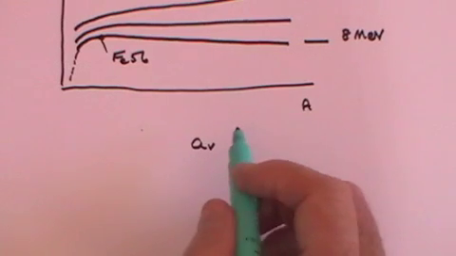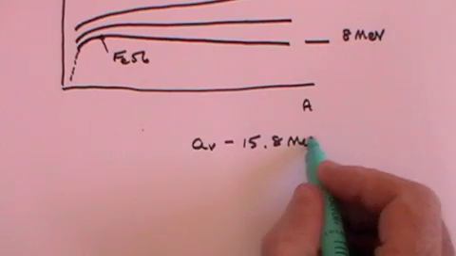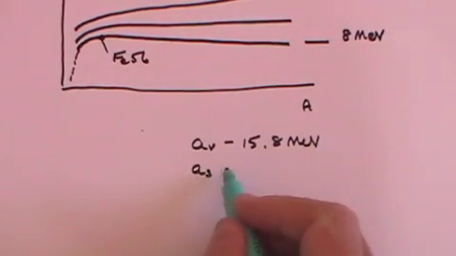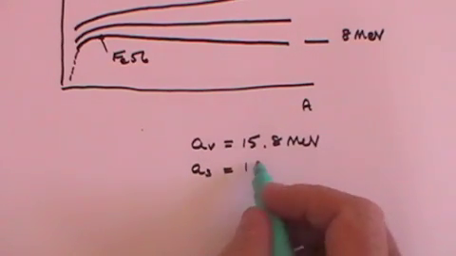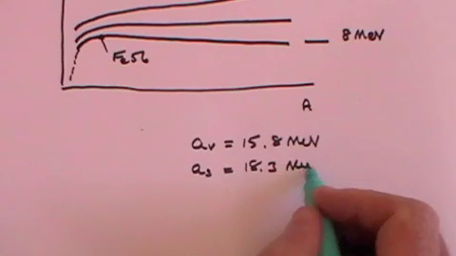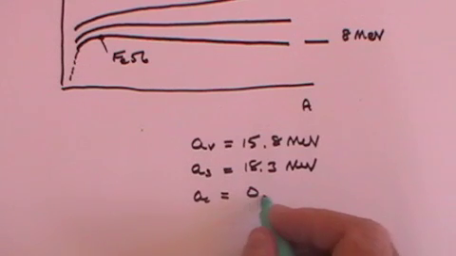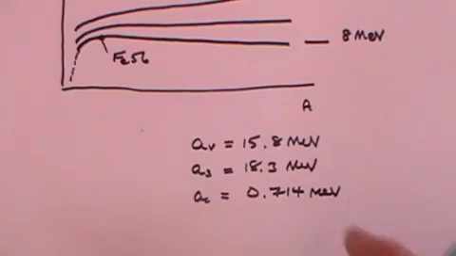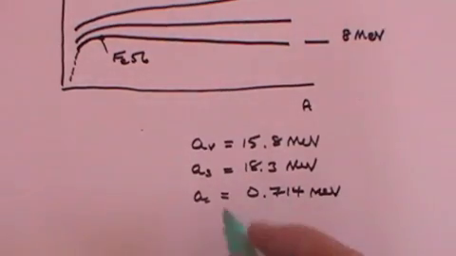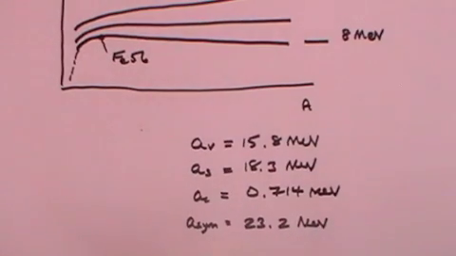AV, the volume term, from my point of view, is 15.8 MeV. AS, the surface term, equals 18.3 MeV. The Coulomb term, very much smaller, 0.714 MeV. The symmetric term is 23.2 MeV.